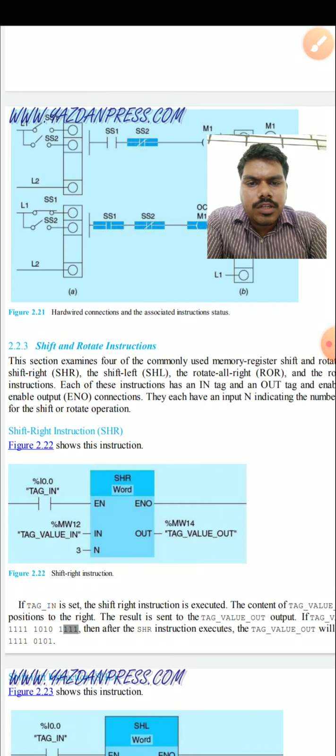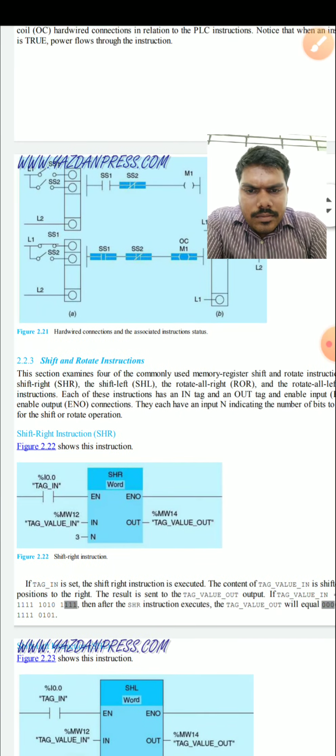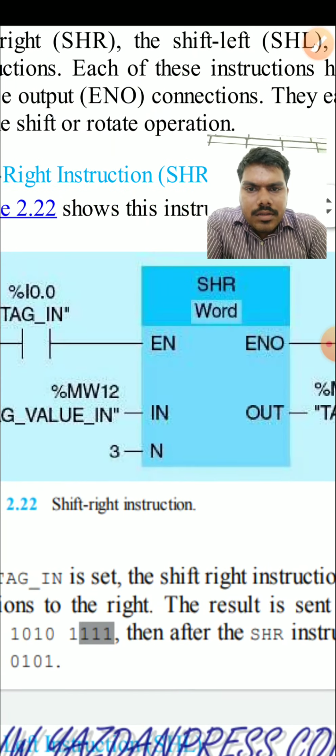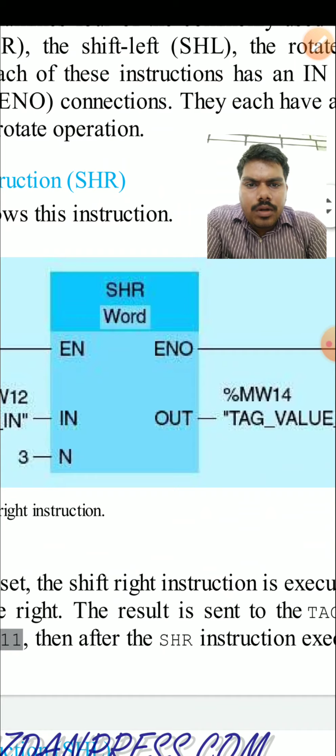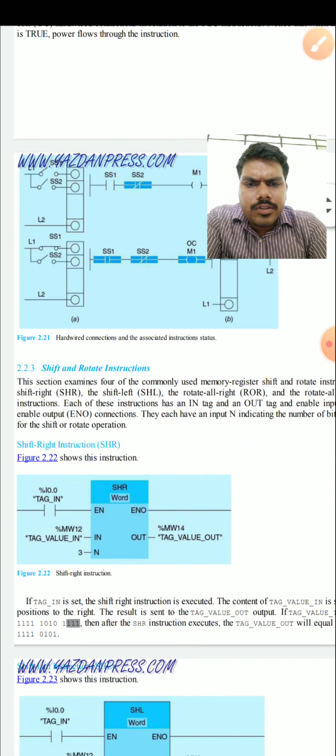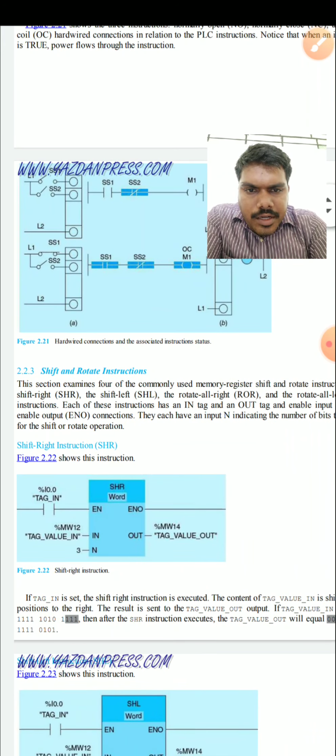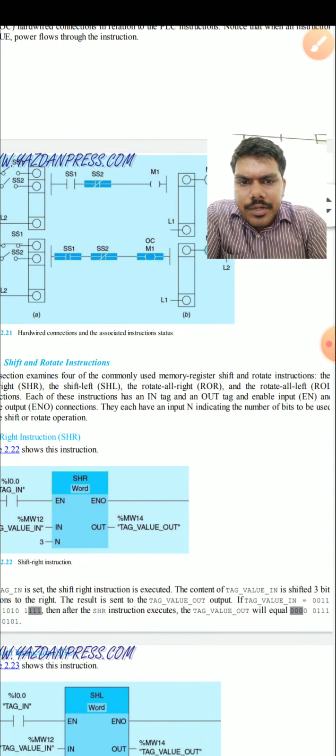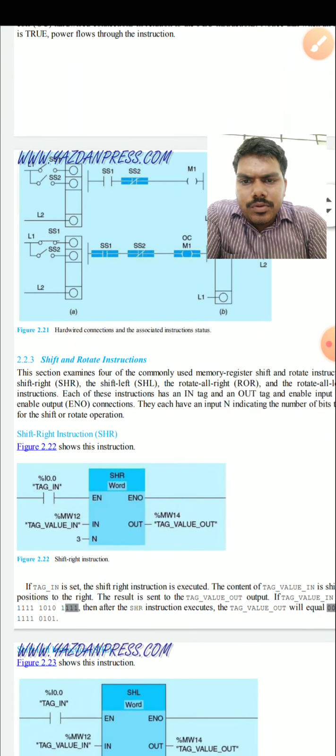Each of these instructions has an in tag and an out tag. All the instructions, including SHR shift register, have an input indicating the number of bits to be used for shift or rotate. So these are the instructions.